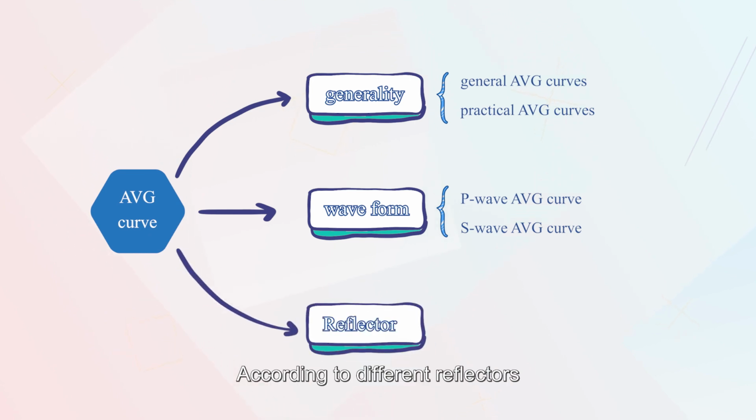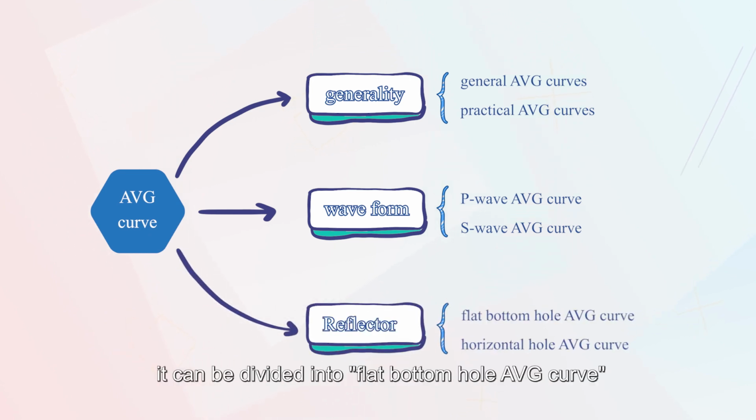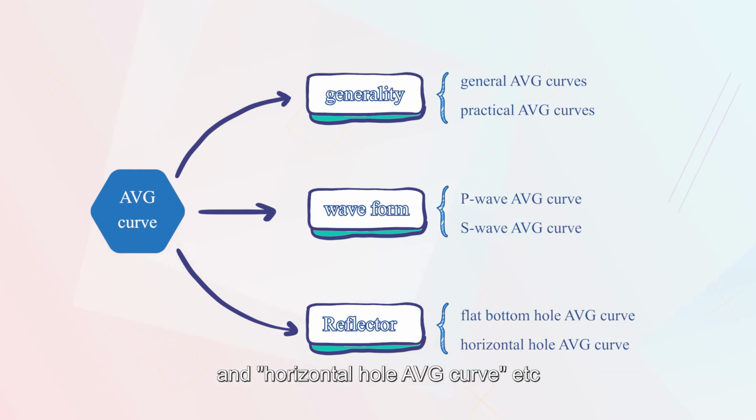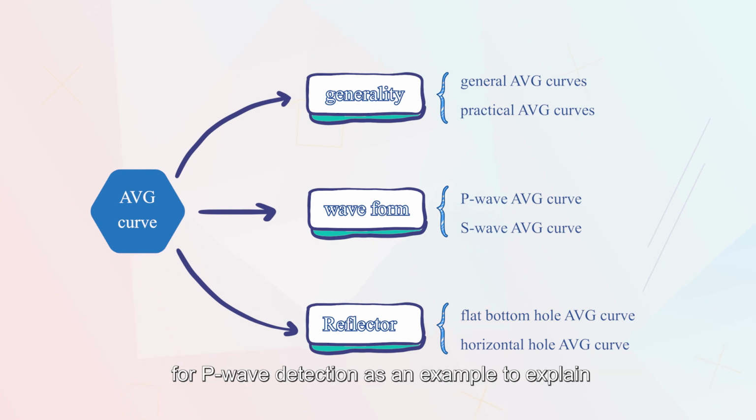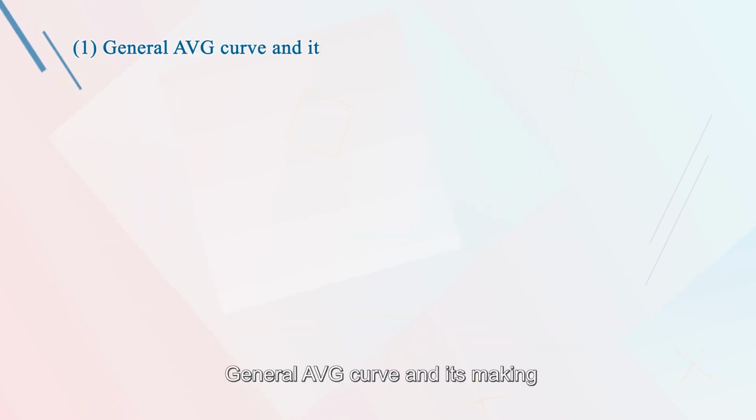According to the different reflectors, it can be divided into flat bottom hole AVG curve and horizontal hole AVG curve, etc. The following takes the AVG curve of flat bottom hole for P-wave detection as an example to explain its drawing method. General AVG curve and its making.